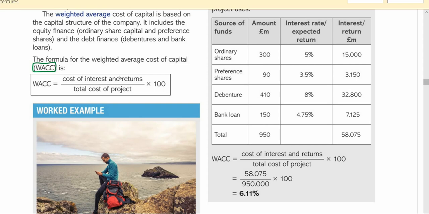Remember this formula, memorize it. So WACC is the cost of interest and return divided by the total cost of the project into 100.